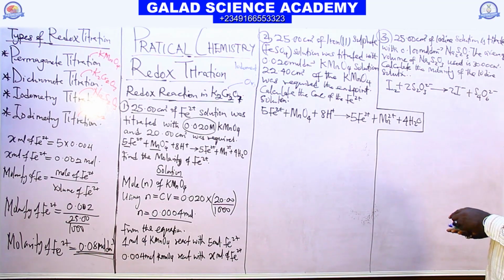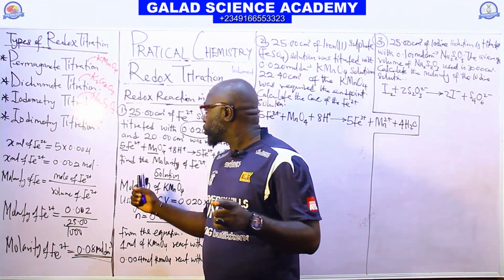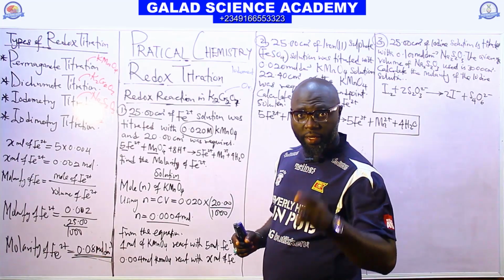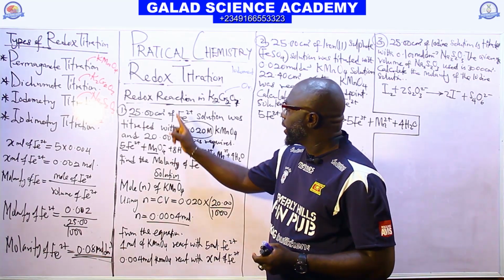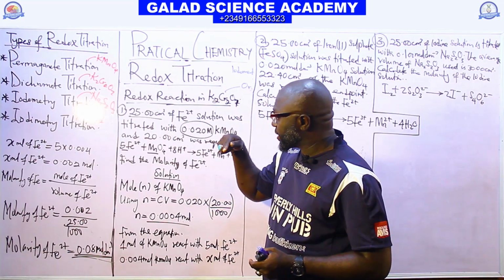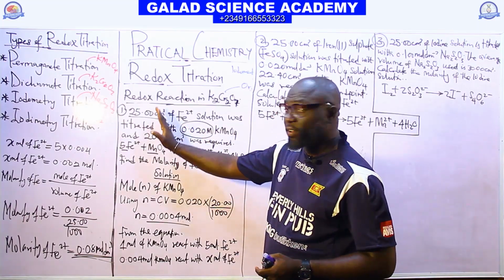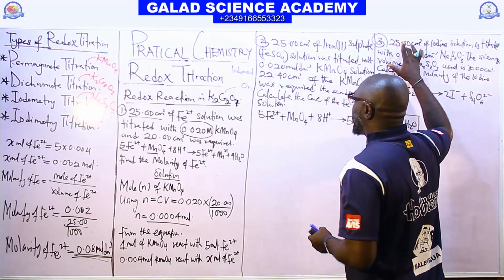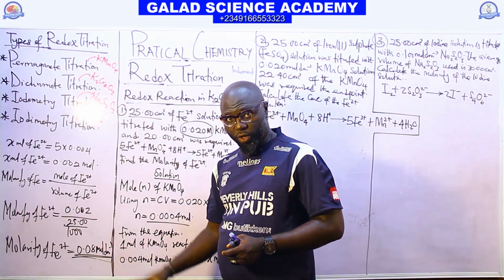And the second one. I'm here to continue from where I stopped yesterday. In my last class, which was yesterday, I gave you 3 questions. They are good examples of redox titration calculation.